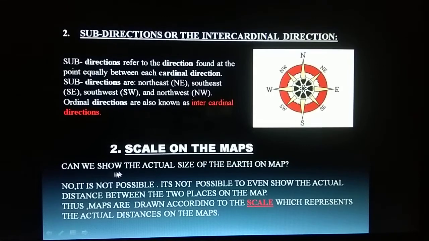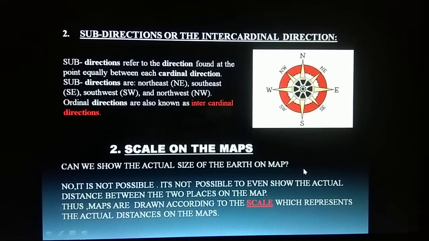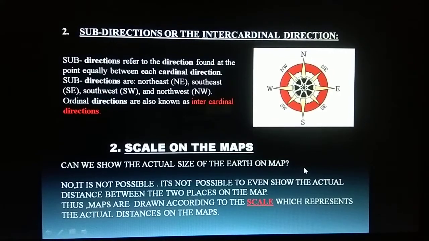Now let's move to the second feature, scale on a map. Can you imagine the actual size of earth on a map? Can the actual size of the earth be shown on the map? No, it's not possible. And it is even not possible to show the actual distance between two places on a map.